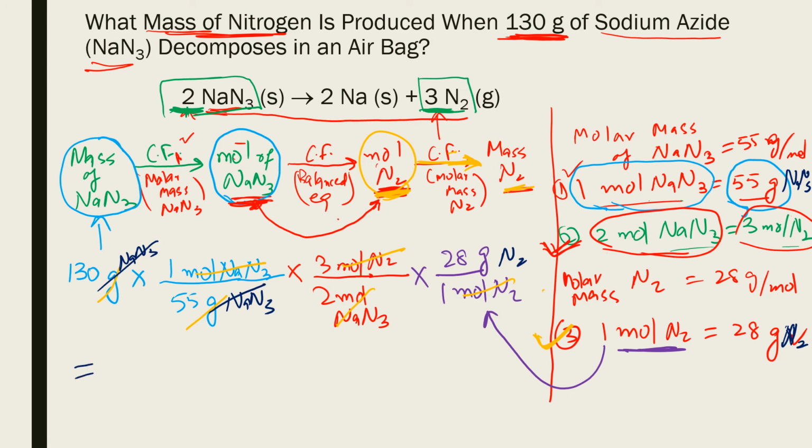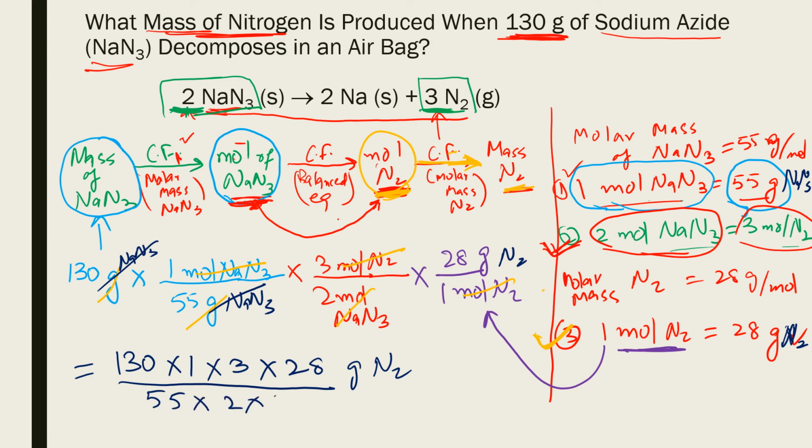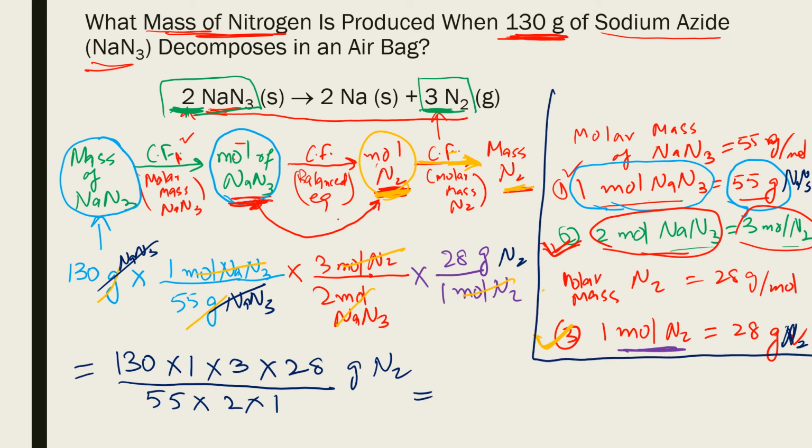So let's write the leftover numbers here. We get 130 multiplied by 1 multiplied by 3 multiplied by 28 grams of nitrogen, divided by 55 times 2 times 1. Okay, so let's multiply the numbers in the upper half of the equation: 130 times 1 times 3 times 28.